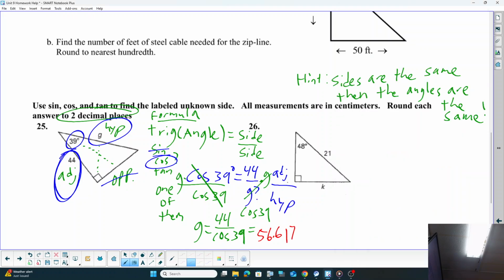We want to round in centimeters, to 2 decimal places. So that 7 is going to round the 1 up to a 2. So that means that G is equal to 56.62 centimeters.